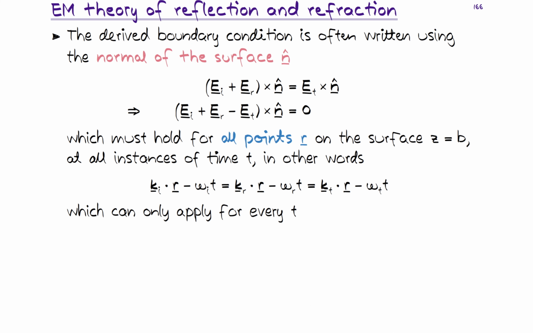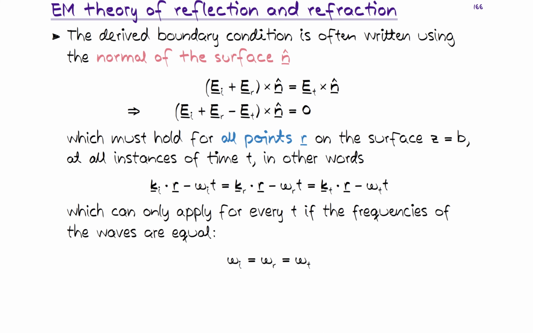Since this physics should work out for all possible times, this implies that the frequencies of the waves must be equal, so that omega_i must be equal to omega_r and omega_t. Why this is the case is that this equality must hold at all times, so I can have time equals 0 here, or time equals 10 femtoseconds or 50 or whatnot.